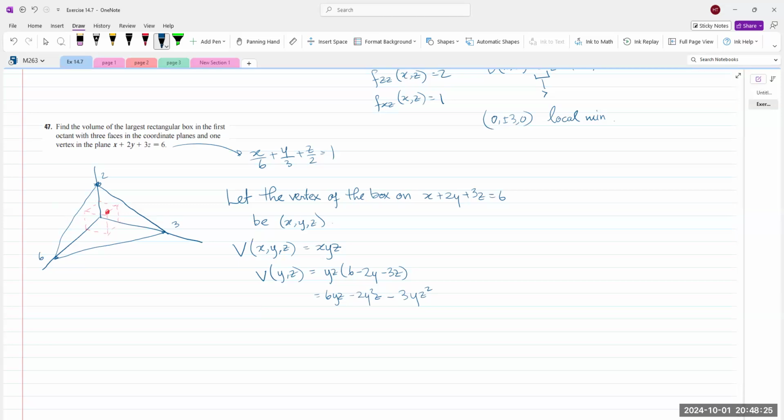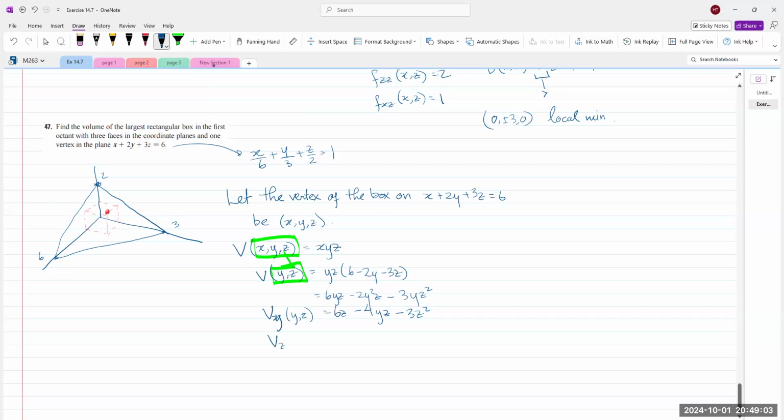You see, I noticed that the volume is actually a function of 3 variables x, y, z, but because the coordinate has to be on the plane, I reduce the function of 3 variables to a function of 2 variables. Now from there I find the critical points. V sub y will be 6z minus 4yz minus 3z squared.